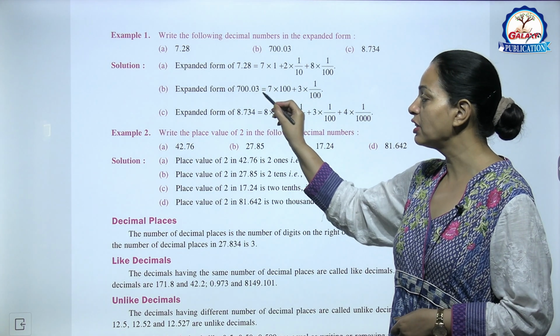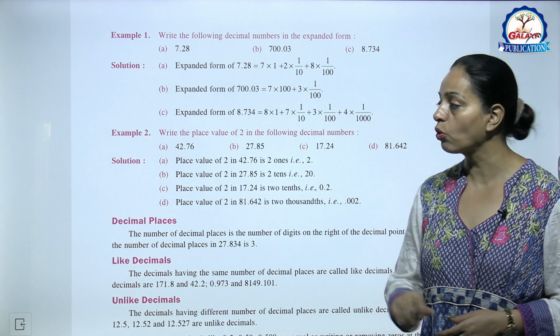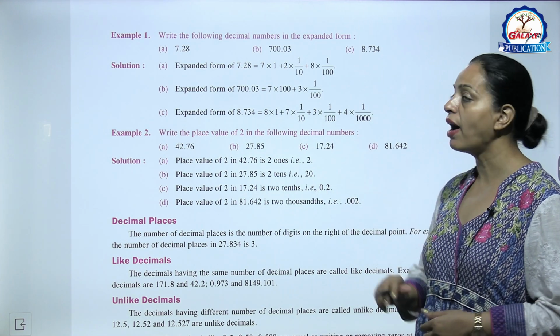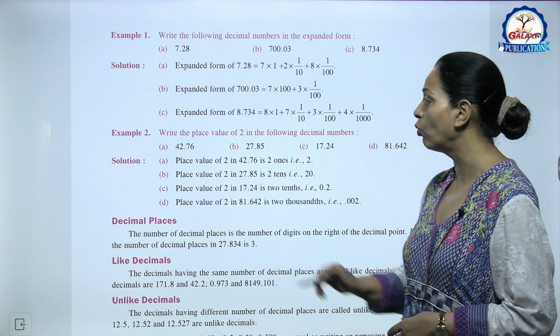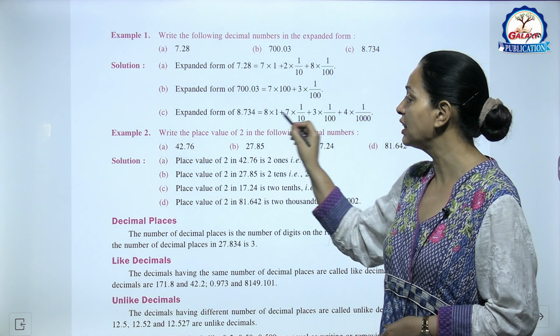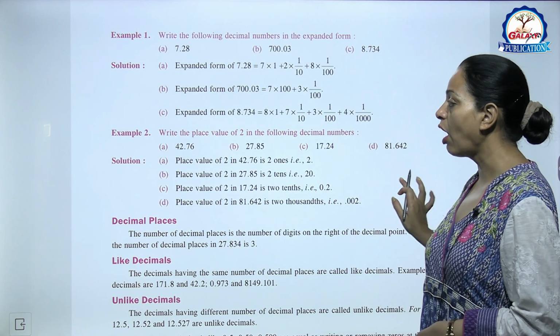Now after the decimal 0, so leave it. Now 3 is at 100th place, so plus 3 into 1 by 100. Now C part 8.734. So 8 into 1 plus 7 into 1 by 10 plus 3 into 1 by 100 plus 4 into 1 by 1000.